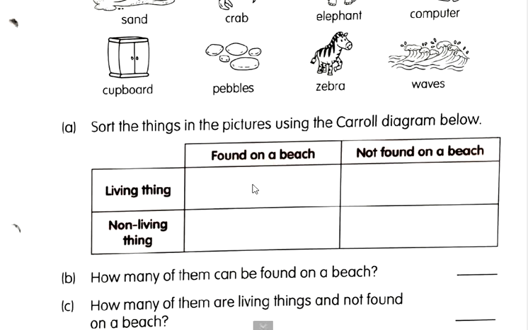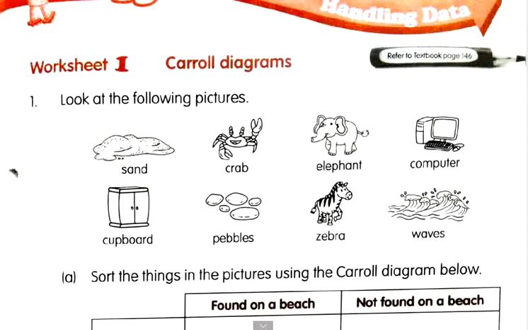There is a table given below. So the first table box, we should answer like this. What are the things that are living thing but found on a beach? So wait. Living thing.